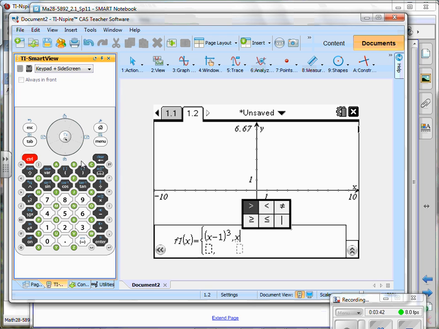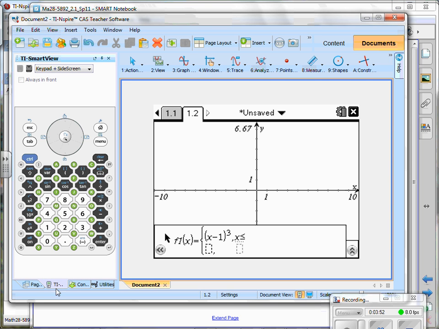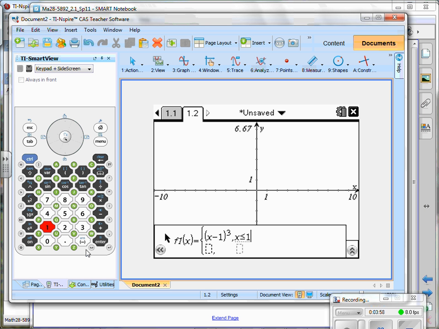So I do control on the catalog, and I get a more extensive list of these, and one of them is the less than or equal to. There's another way we could get to it, but I won't bother you with that at this point. And so it's x less than or equal to 1, and then tab, the second piece.